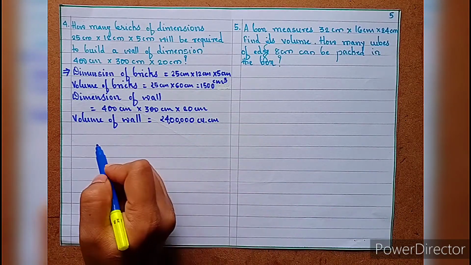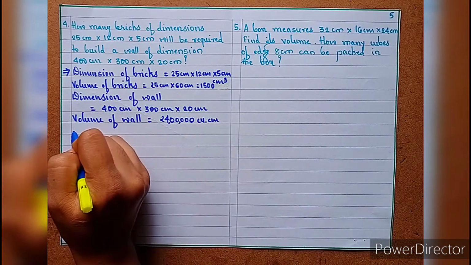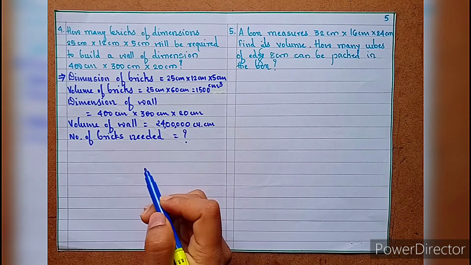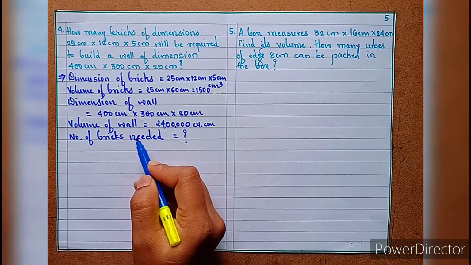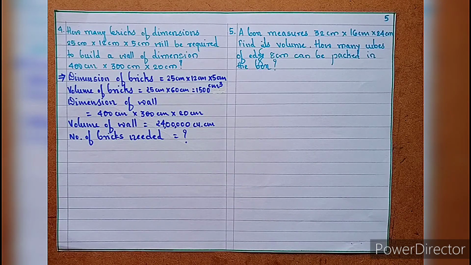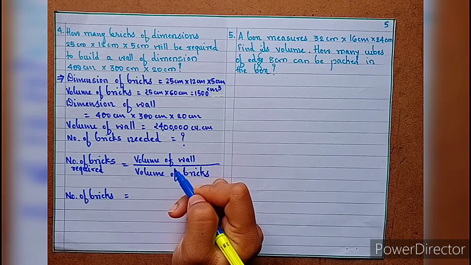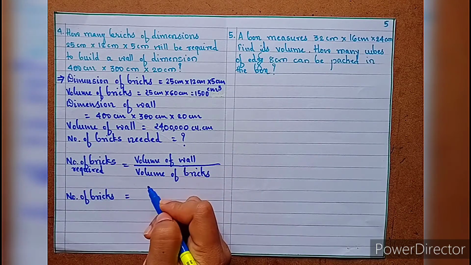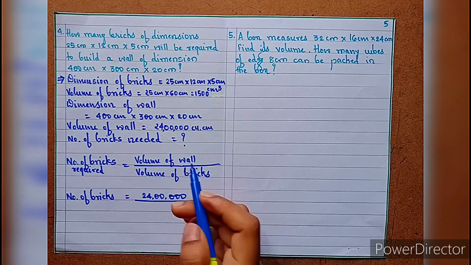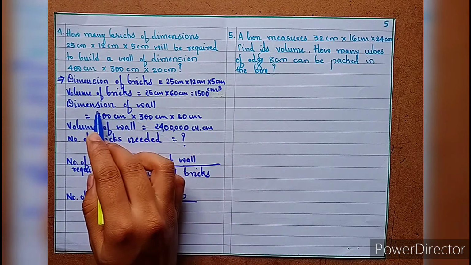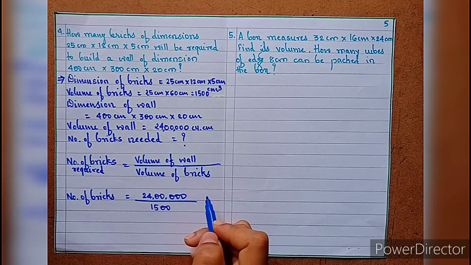Now we have to find the number of bricks needed. We have a formula: number of bricks equals volume of wall upon volume of bricks. The volume of wall is 24 lakhs, and we divide this by volume of bricks, which is 1500 cubic centimeter.